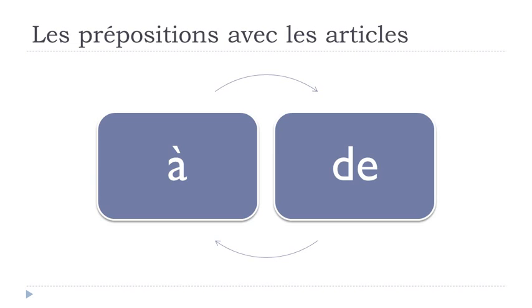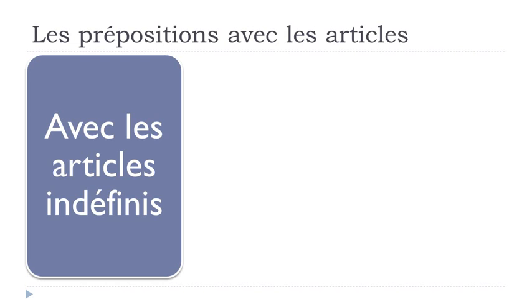And after that we'll see les articles définis, le, la, les. Especially we'll concentrate on the way these prepositions will react when they are combined with these articles. So the first one that we will discover together will be à. And so we'll see avec les articles indéfinis.